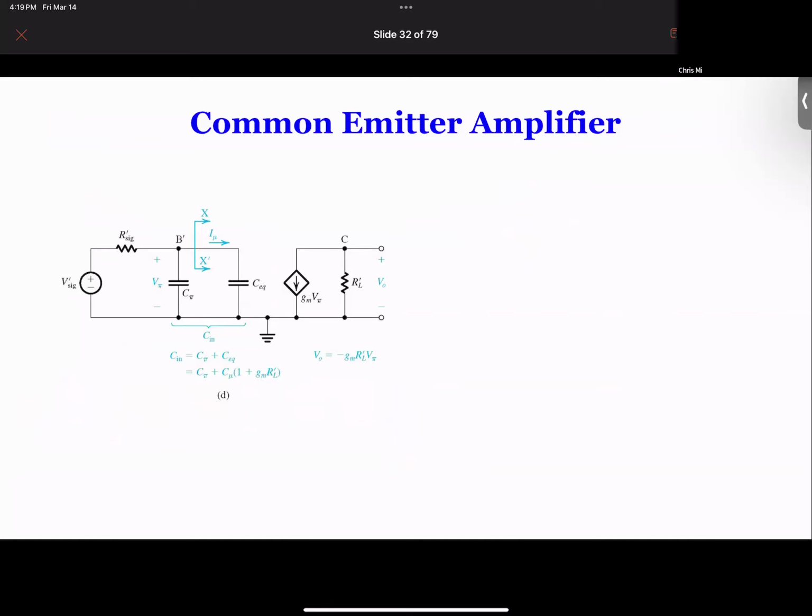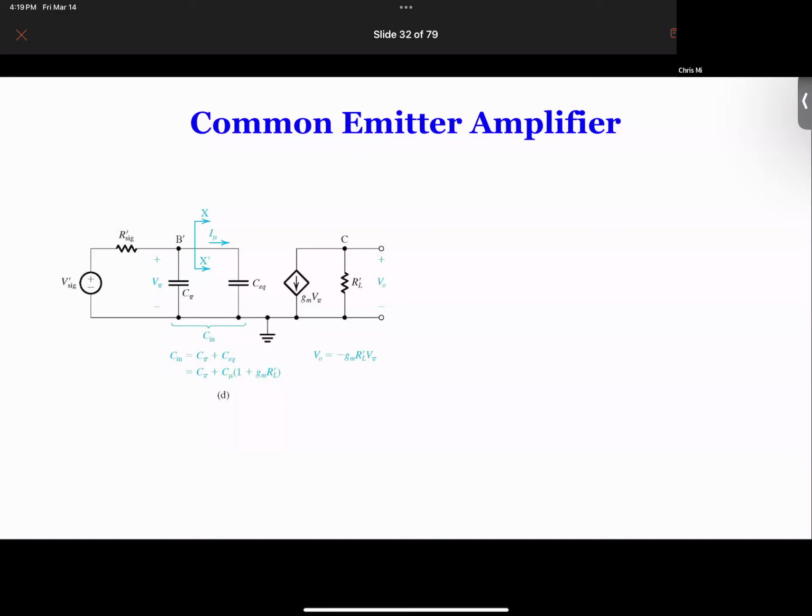So once you derive the actual relations, let me see if I have the actual equation here. Yeah, I didn't write it up, but once you write the equation, you will find that in fact you have a CEQ, just like the one we did for the MOSFET, and that CEQ is equal to C mu times 1 plus GM RL prime.